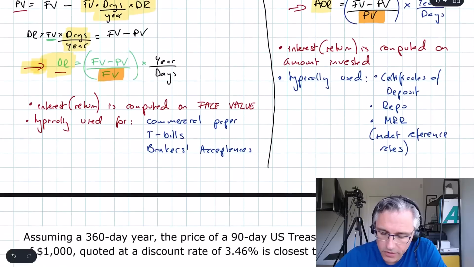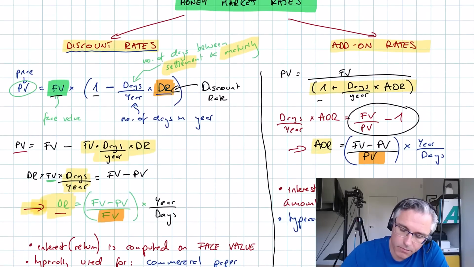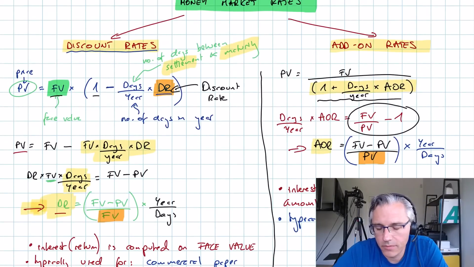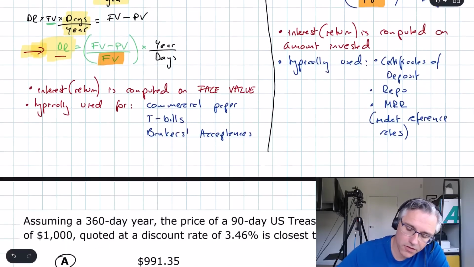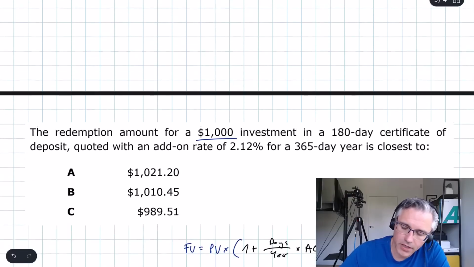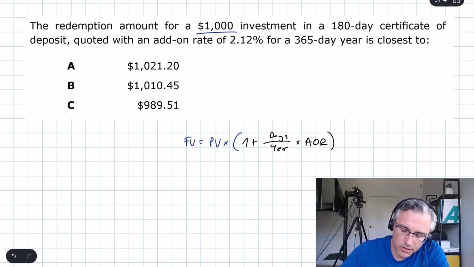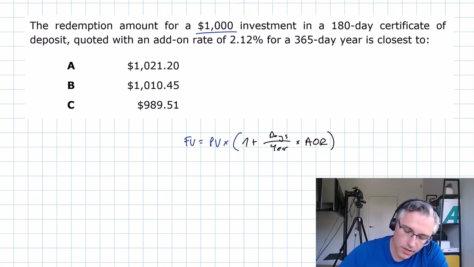The only thing that I've done is I've taken what was in the bottom of the fraction and I've multiplied both sides by it, leaving PV multiplied by the content of those parentheses to give us FV. Okay, this is a very natural way to compute future value. So let's just plug in the numbers.